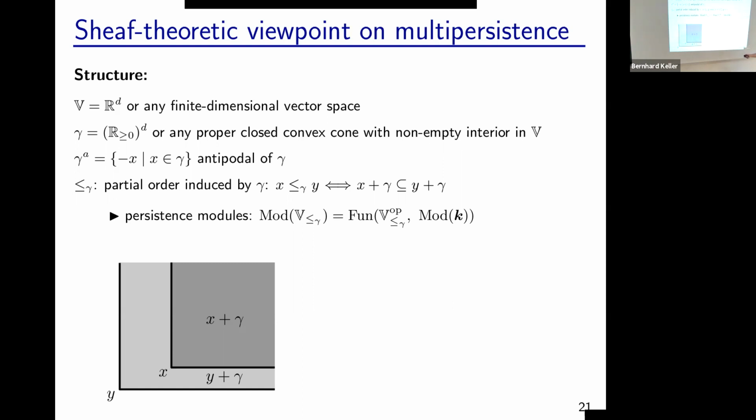Basically, x is smaller than y if the cone based at x is included in the cone based at y. This is the opposite order from the one we use in persistence, so that now persistence modules are just functors from the opposite poset to vector spaces over k. I'm going to call the category of persistence modules mod of k, with the order given by gamma.